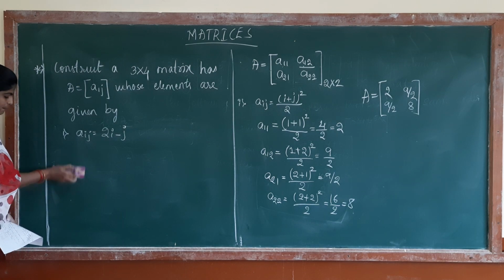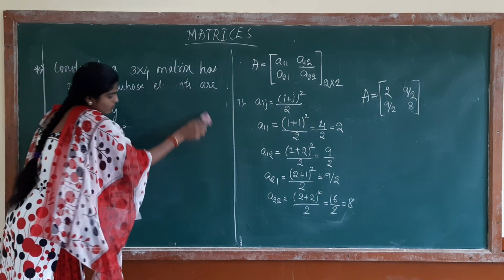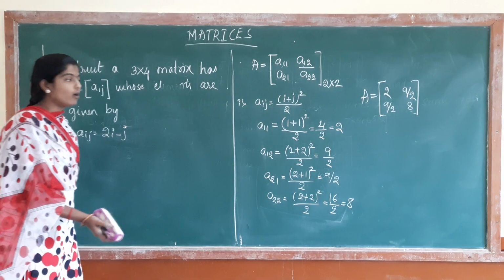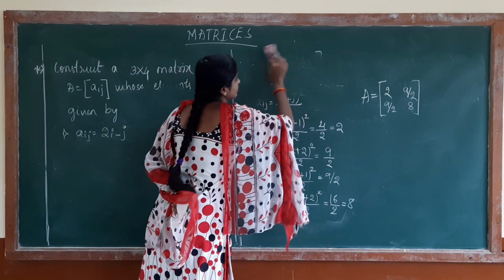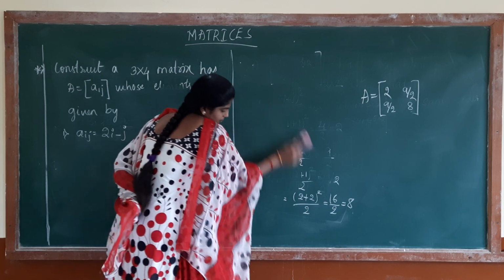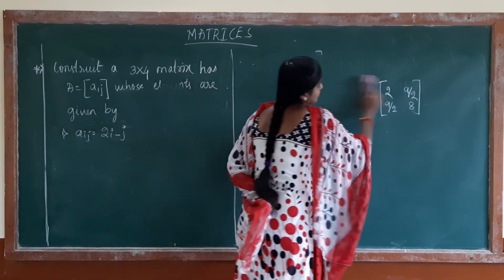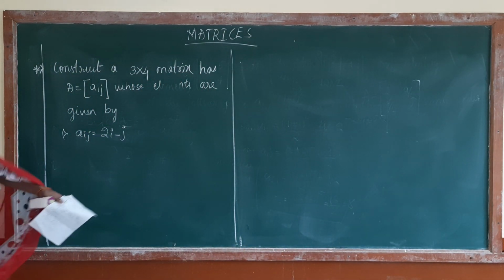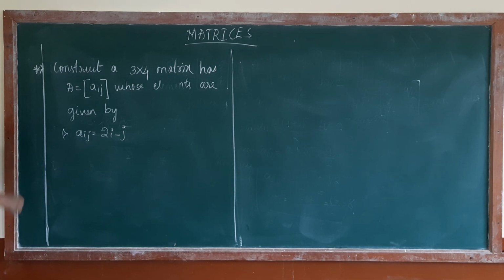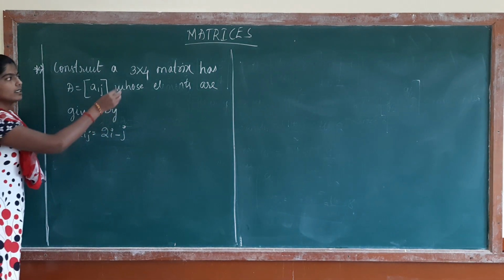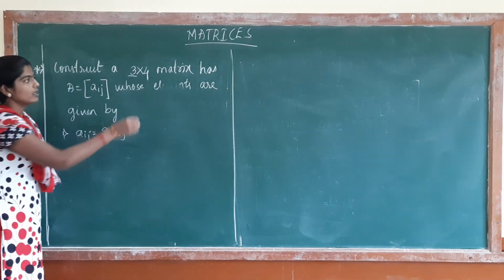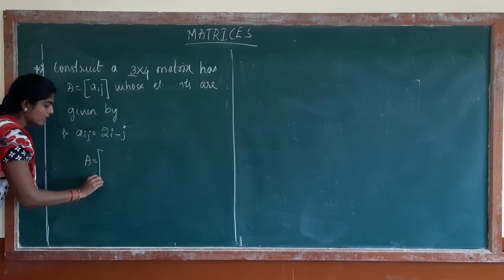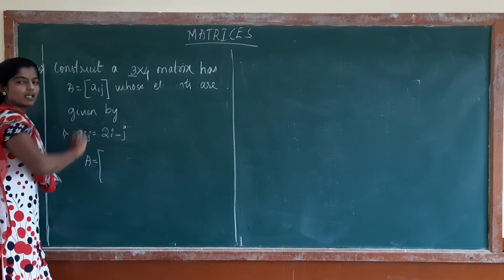So as in the previous problem, first we have to represent the general form of the 3 cross 4 matrix, A21, A22 and so on. What will a 3 cross 4 matrix have? The number of rows is 3 and the number of columns is 4. So its general representation is, number of rows are 3 and number of columns are 4.